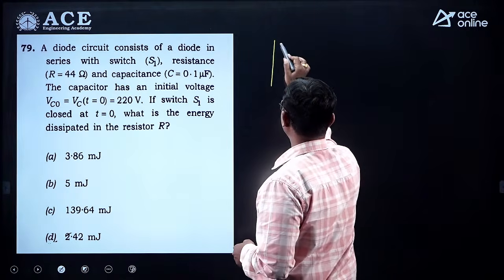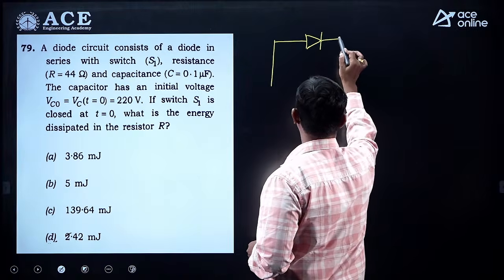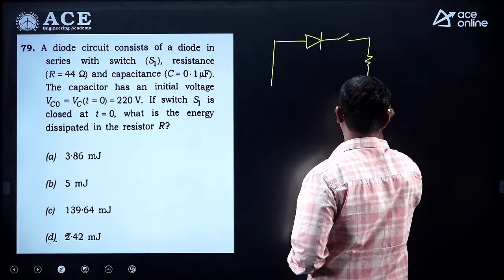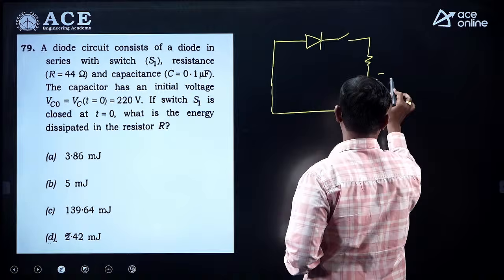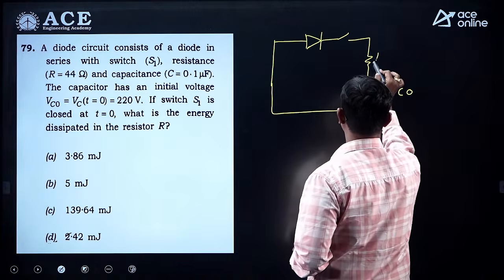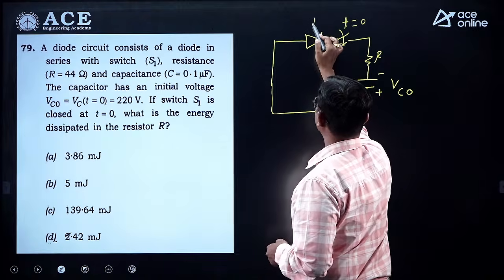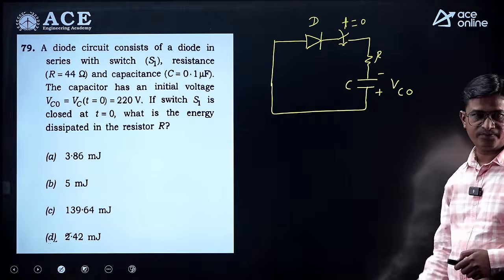The circuit is like this. We are having a diode, a switch, a resistor and a capacitor. This capacitor is initially charged to voltage VCO. This is resistor R, the switch is closed at t equal to 0, and this is diode D. They are asking the energy dissipated in this resistor.